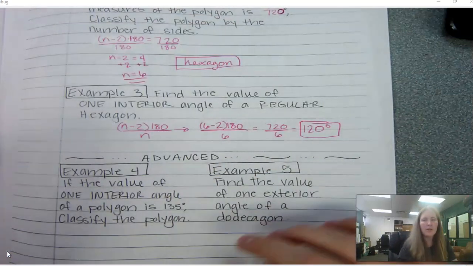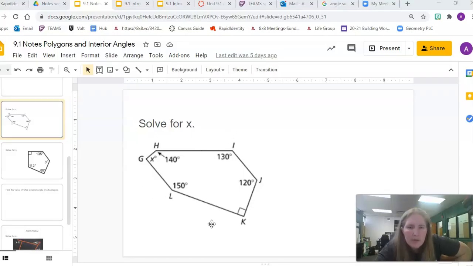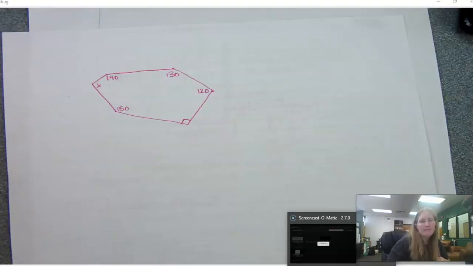It's 120 degrees. Alright, before I move on to the advanced problems, I've got one more type of problem that I'm going to show you in the Pear Deck. Okay, so here's the picture right here. I've actually drawn it on my piece of paper. If you come to class, we will do this on the Nearpod. But I want you to draw this on your paper, so pause and draw it on your paper.